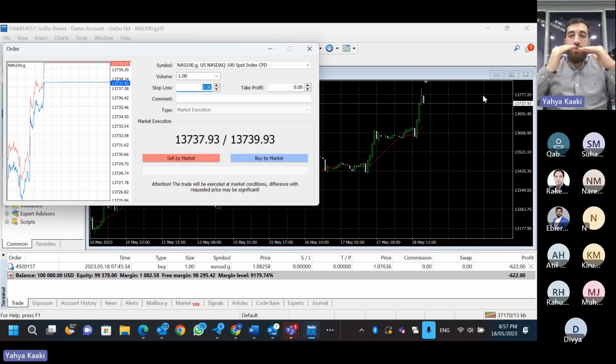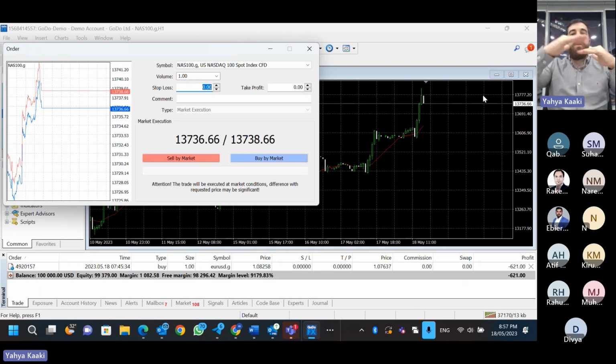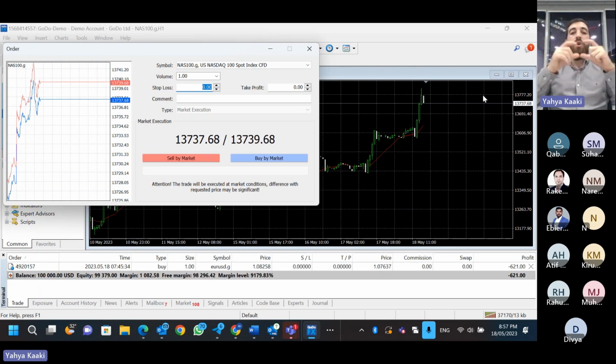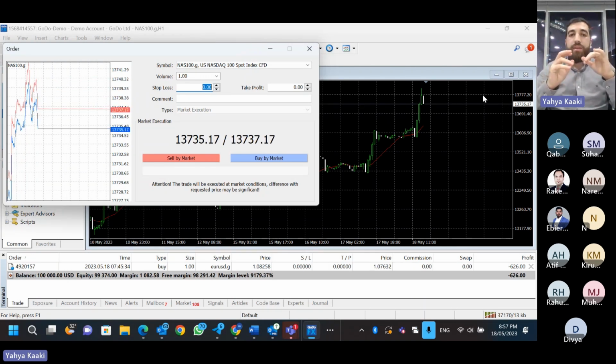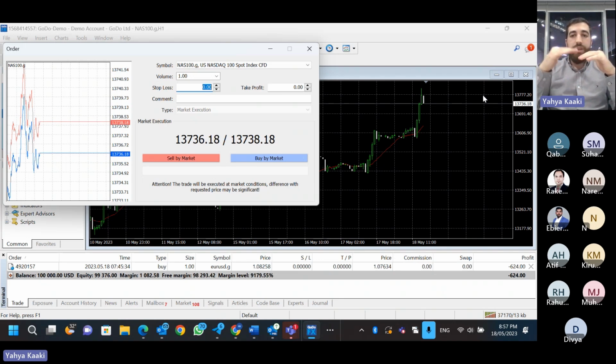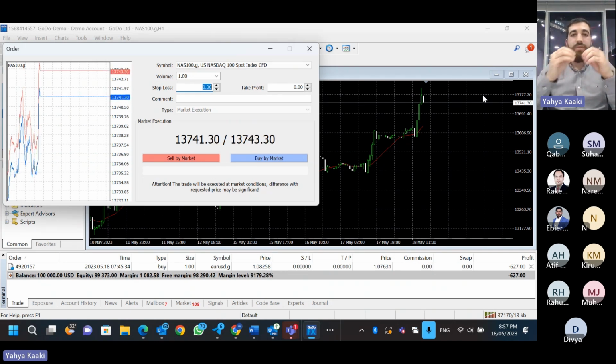The take profit is below the number because I wanted it to go down. I clicked select. Now, successful, my position is opened. Here is my position: sell, one lot, the symbol is Nasdaq 100, the price I opened at, my stop loss, take profit, and the price it's moving at now.